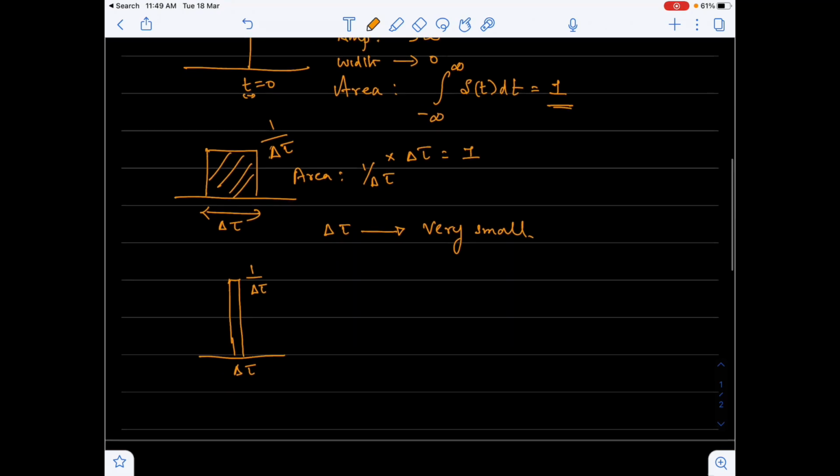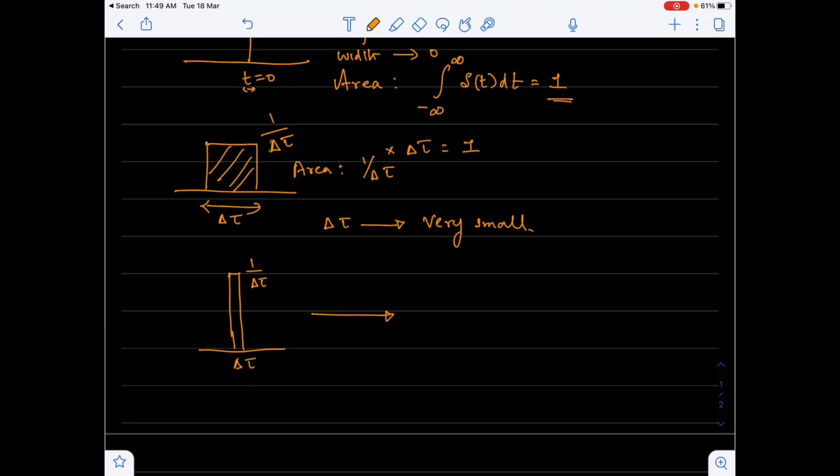Now as delta tau tends to 0, you see that it becomes an impulse. This is delta of t, and it happens at t equal to 0, with the width delta tau going to 0 and the height 1 over delta tau tending to infinity.